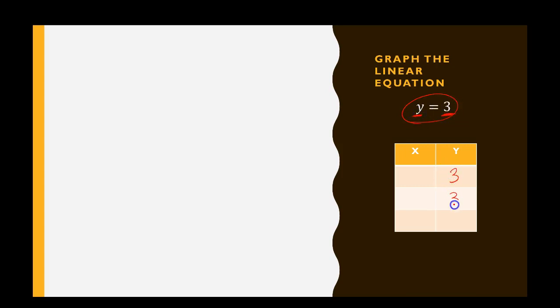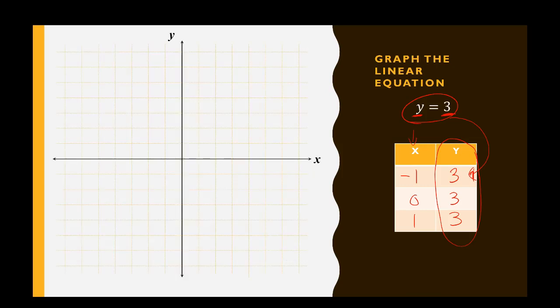So I have no choice but to make this whole column of y's 3. But what does that mean for your x's? Well, exactly what it meant before. I can pick any number I want to and put in here, because it doesn't matter what this is. This equation is telling me what those have to be.